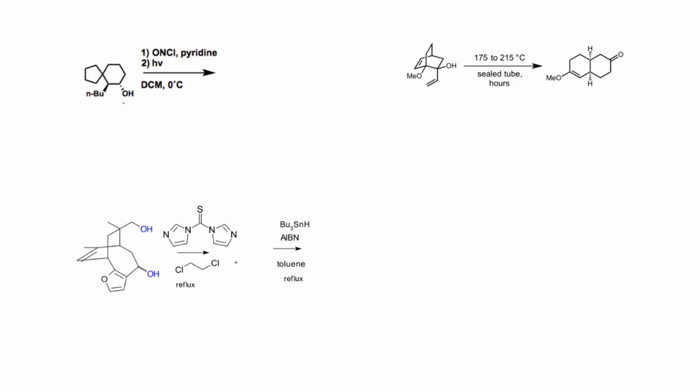This OH will attack this NO and eliminate this Cl from the system, forming this nitrite compound. I am writing this nitrite as R-ONO only.